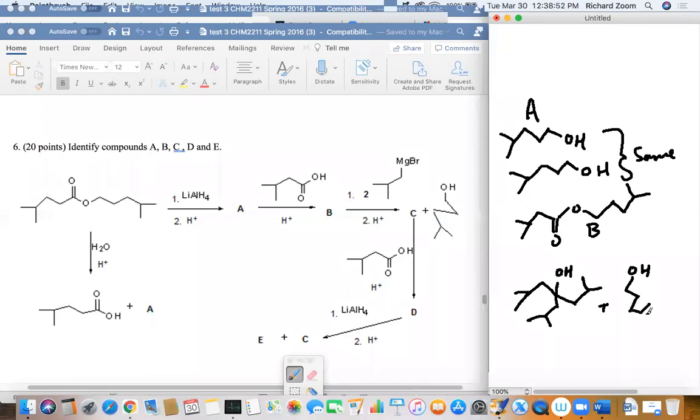Which is that one. And that alcohol is already mentioned there, so you don't worry about that. So this is what C is. Does anybody have any questions so far?